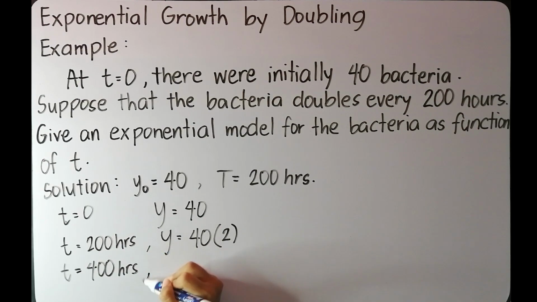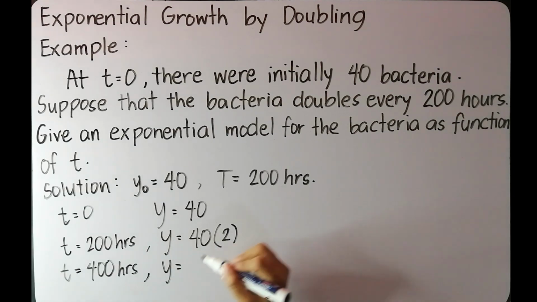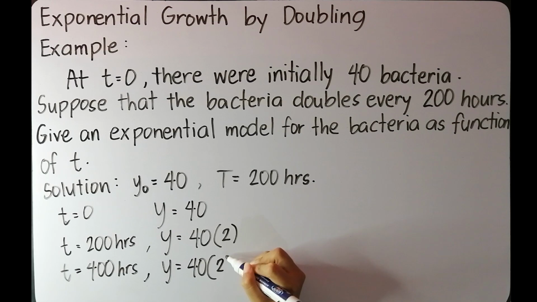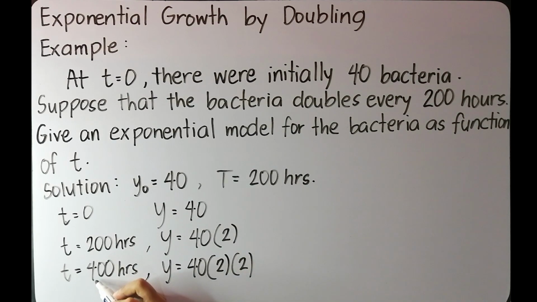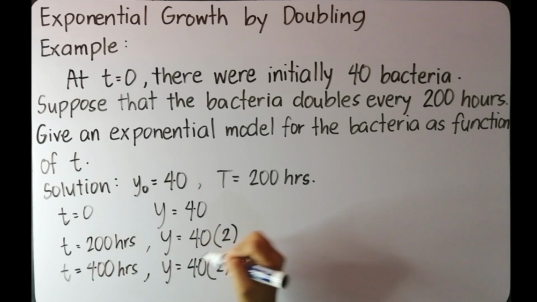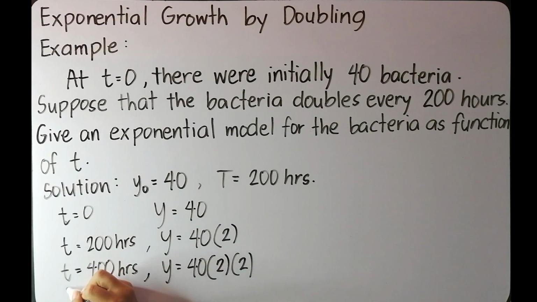How many bacteria do we have? We have y equals 40, and your bacteria will double again. So it will double twice because 400 divided by 200 is 2. Let's try if your t is equal to 600 hours.